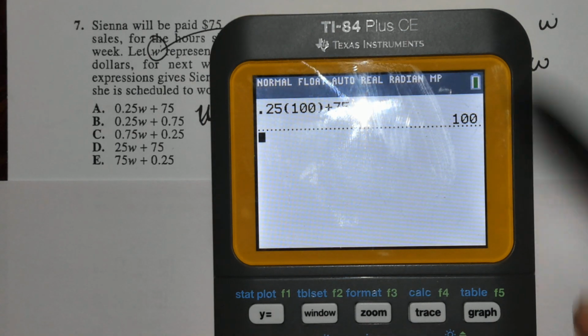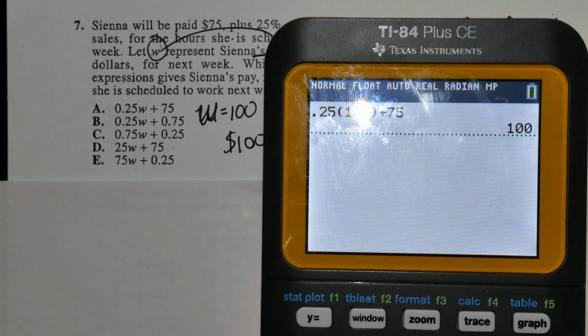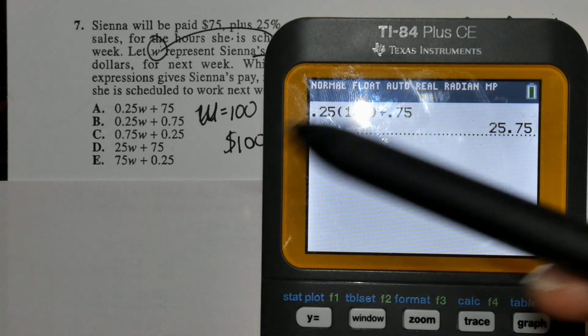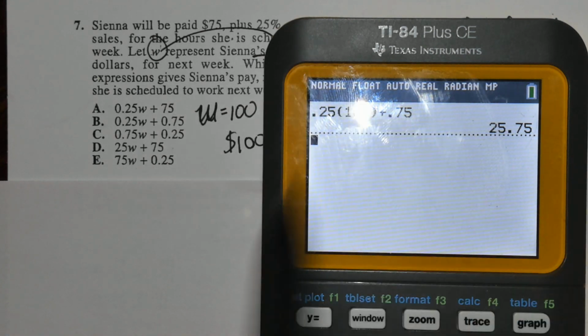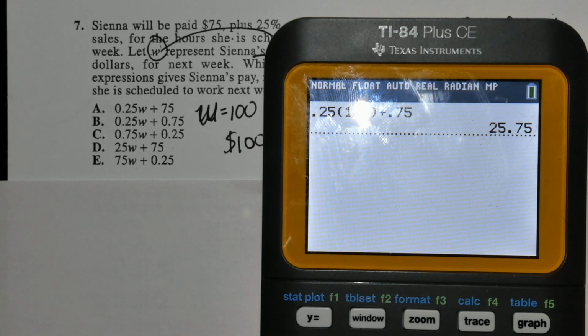We can see it equals 100, and that's what I chose for an arbitrary amount. I'll show you how the next one does not work. Again, only one of these options will end up with a final answer of 100. So there's two different ways that you can go about correctly identifying the right expression.